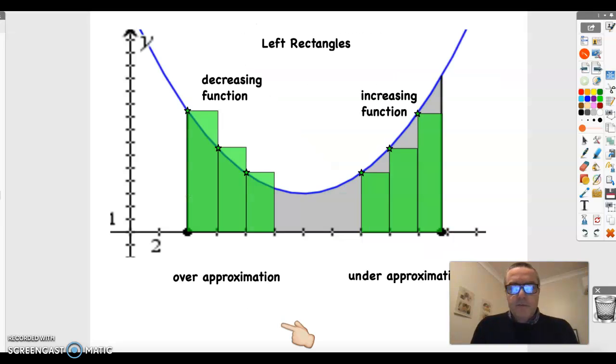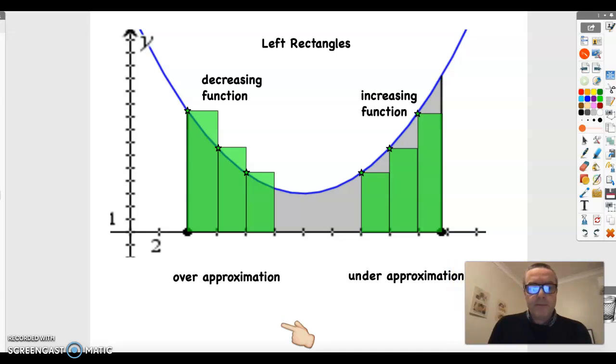Things reverse if we have an increasing function. On this screen we're actually just looking at the left rectangle method now. On the left of the screen we can see an interval where the function is decreasing, and all of these left rectangles are going to give us an over approximation.